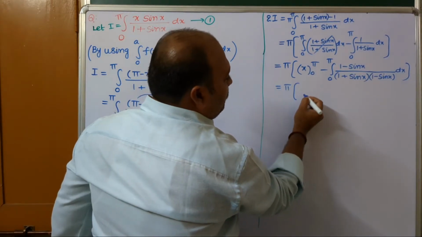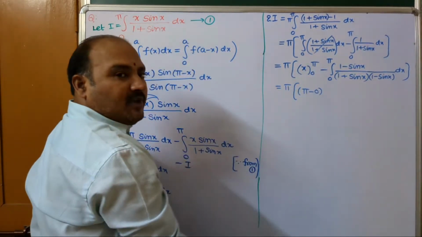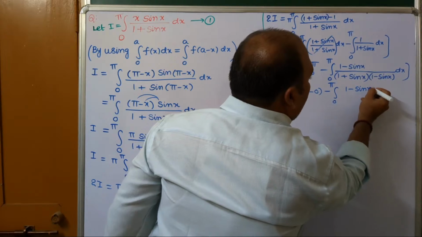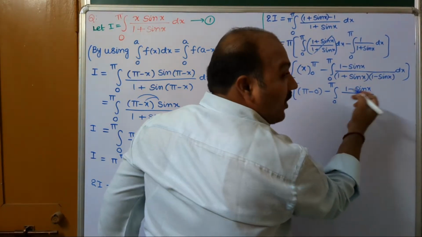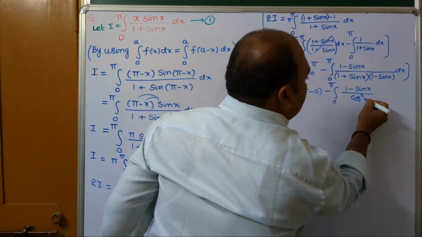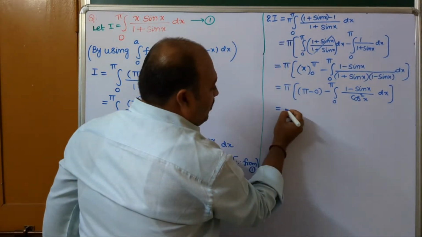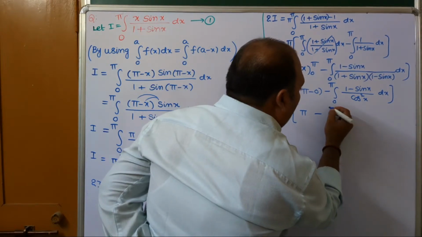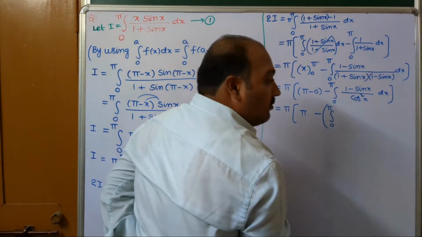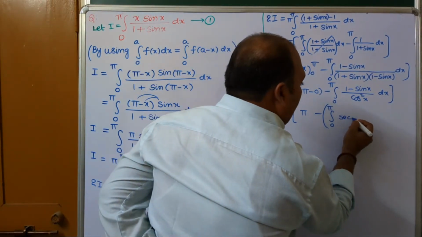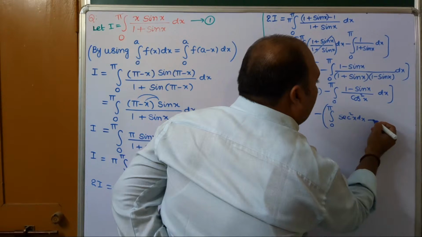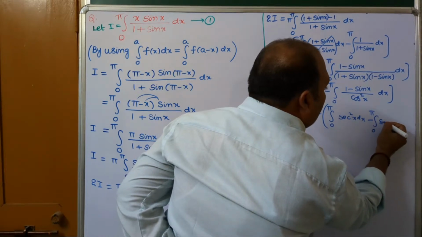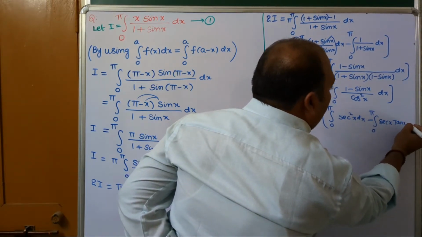So pi into (pi minus 0), upper limit minus lower limit, minus integral 0 to pi of (1 minus sin x) divided by (a plus b) into (a minus b), a square minus b square, 1 minus sin square x, cos square x, into dx, which is equal to pi into pi minus integral 0 to pi, again bracket, 1 by cos square x, secant square x dx, minus sin by cos, tan, 1 by cos, secant: integral 0 to pi of secant x into tan x into dx.